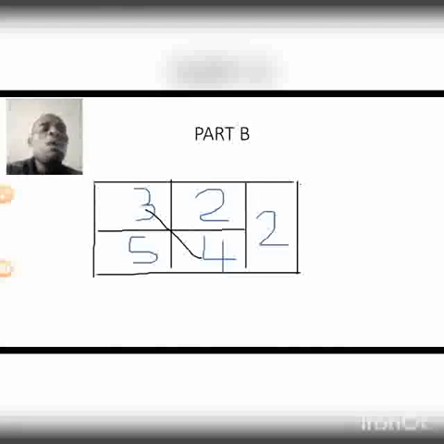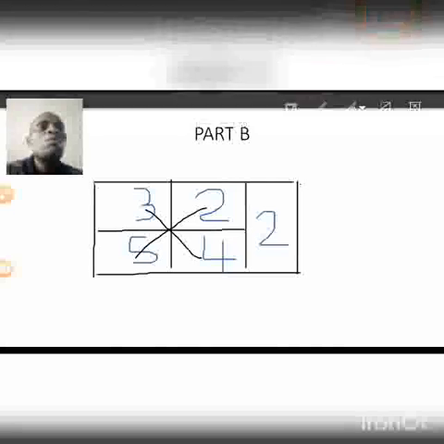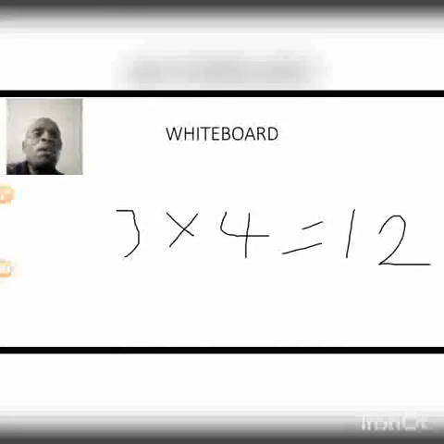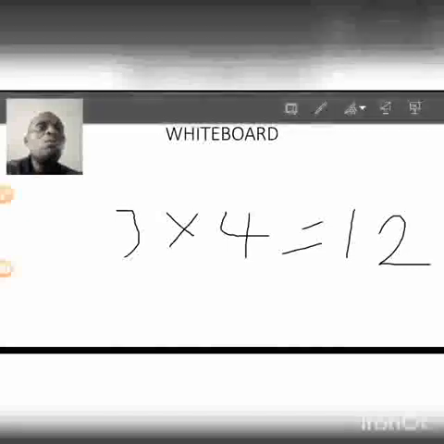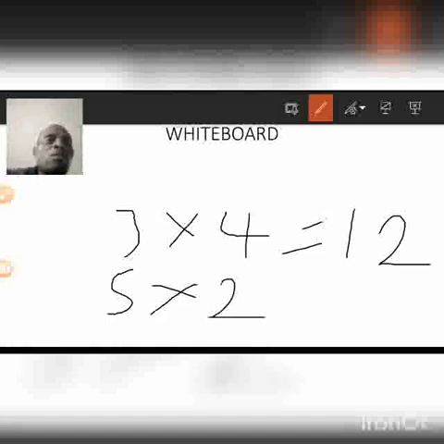And when we go across again and multiply 5 by 2, 5 times 2, we are going to get 10.